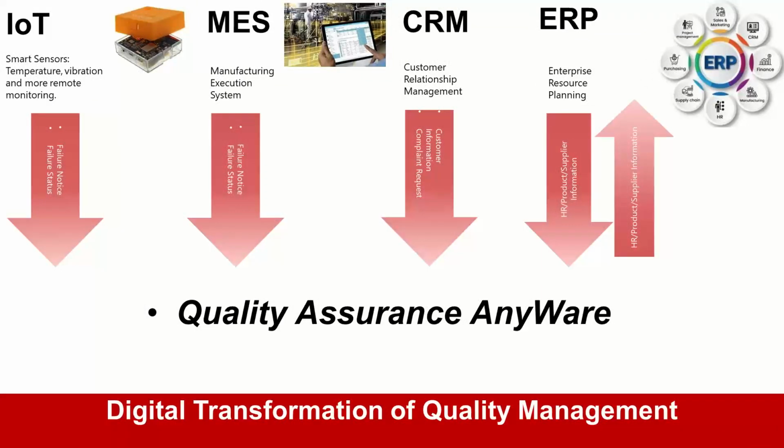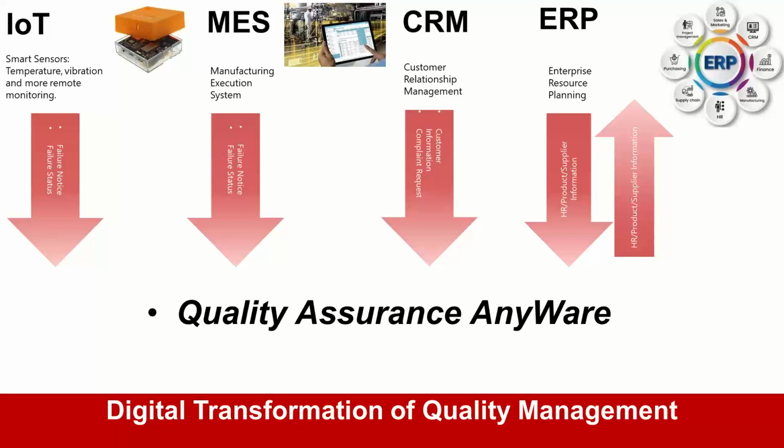Quality Assurance AnyWare is a very modern technology. It works on cloud. It also works on-premise servers. So you have different options. Since it has a very modern technology, it is ready to talk to any other system.